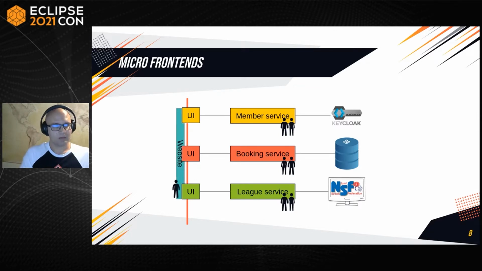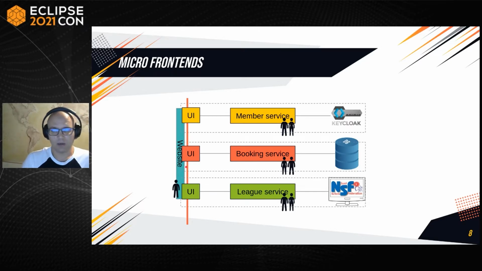So your website becomes a much thinner layer, a much smaller team, because all that they need to do is consume these components and place them on the site. But your team that used to just expose an API now also includes a component. So now if member service makes a change, that change deployment includes the changes that the UI needs. So your user and your business unit see that immediately.